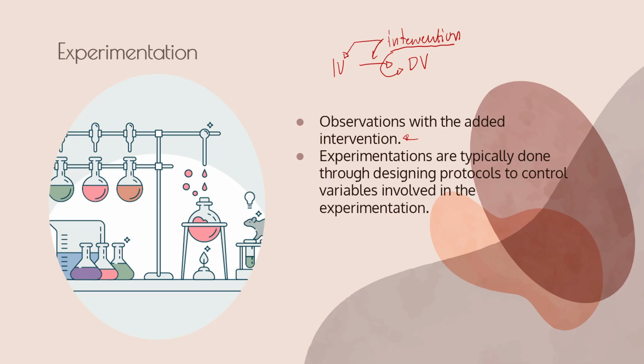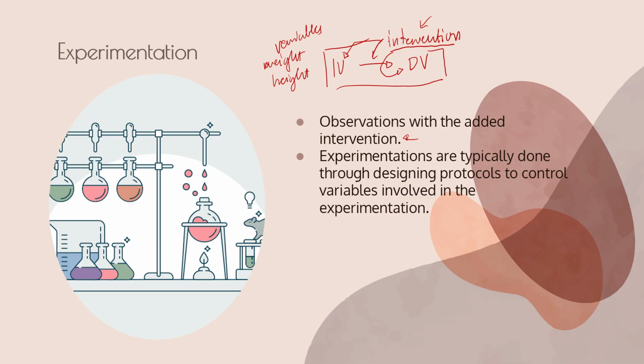Okay, so experimentations are typically done through designing protocols to control variables involved in the experimentation, meaning that when we do experimentation, we want all the surrounding variables to be controlled, accounted for, so that the only thing that can affect the outcome is our intervention. Variables may include the weight, the height.